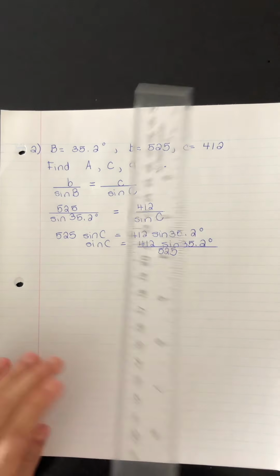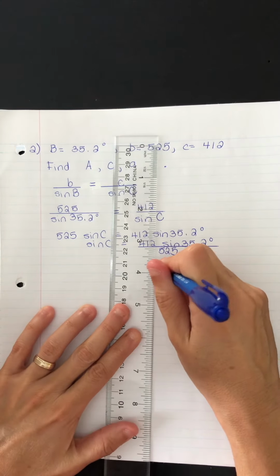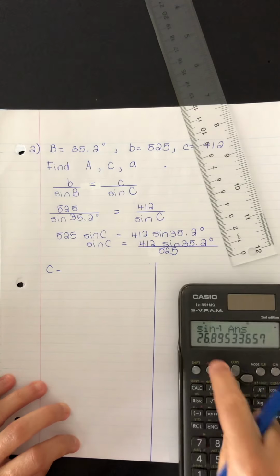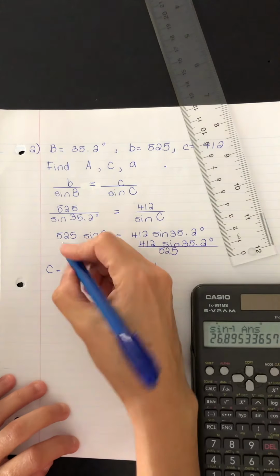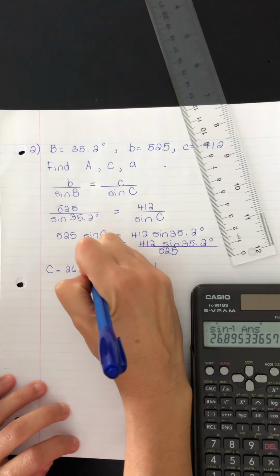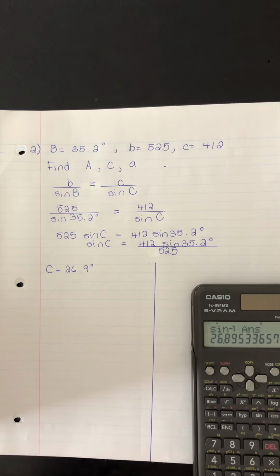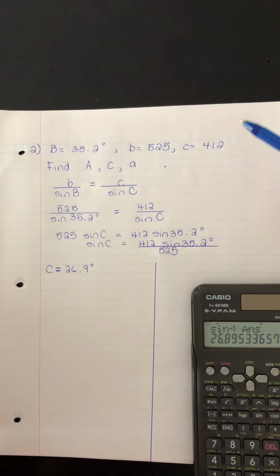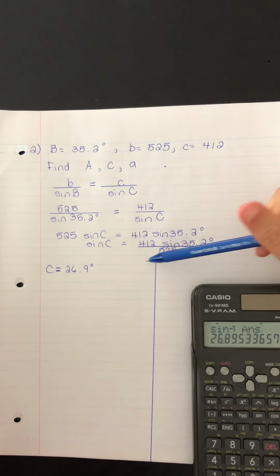And again, since this is the ambiguous case, I'm going to divide my page in half. So on the left side, we write down this angle that the calculator gives us of 26.9 degrees. So that's the acute quadrant 1 version of angle C. Now again, with the CAST rule, we know that a quadrant 2 angle is possible here since we had a positive value of sine.